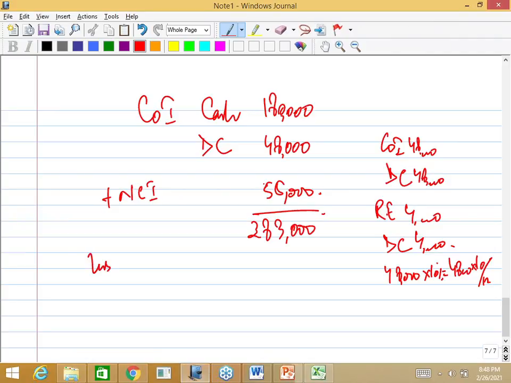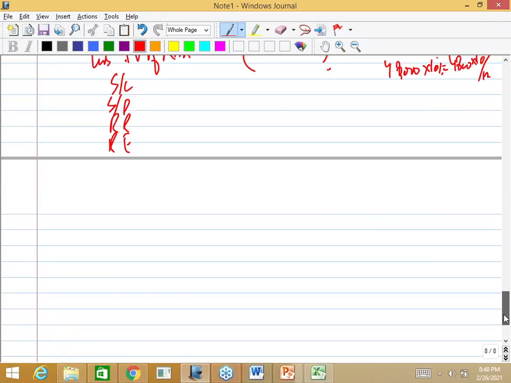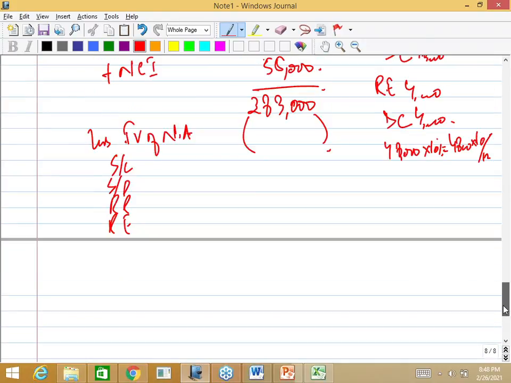Less, we take the fair value of net assets in order to calculate the goodwill. So you need to add only four to five items: share capital, share premium, revaluation reserve, retained earnings. Now the share capital of the company is 60,000.